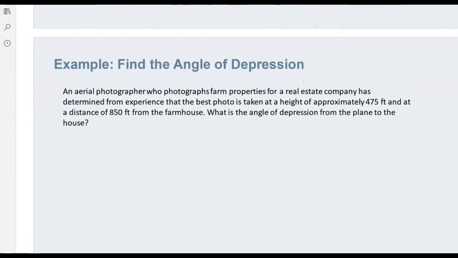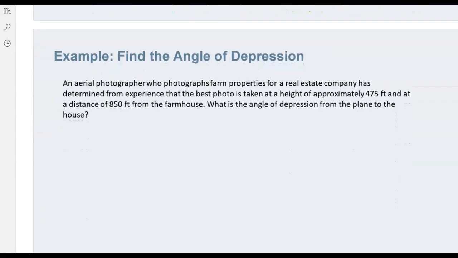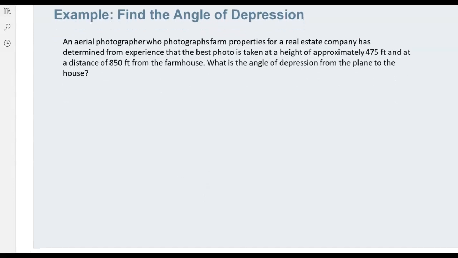Let's do a different example with an angle of depression example. An aerial photographer photographs farm properties for a real estate company, and he's determined that to get the best photo, he's going to take the picture from approximately 475 feet. That's going to be how high it is. So let's draw a picture here.